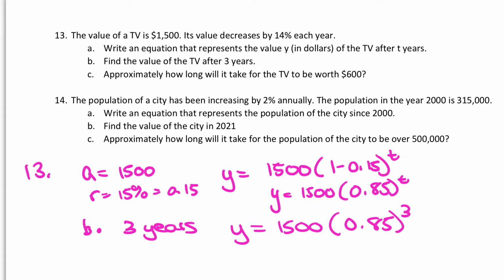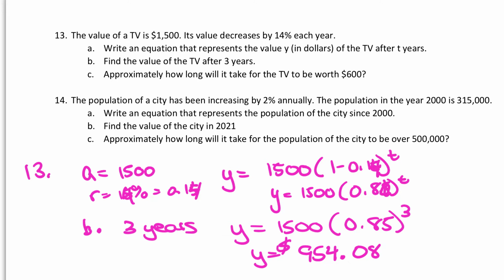And I just realized that it's 14% and not 15%. So that's 1 minus 0.14, which is 86%. So if I plug that into my calculator, after 3 years, $954.08 is how much the TV is worth.